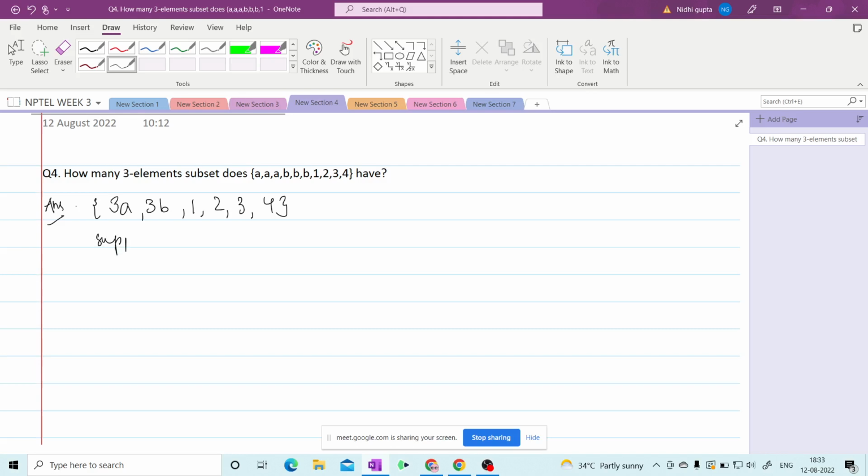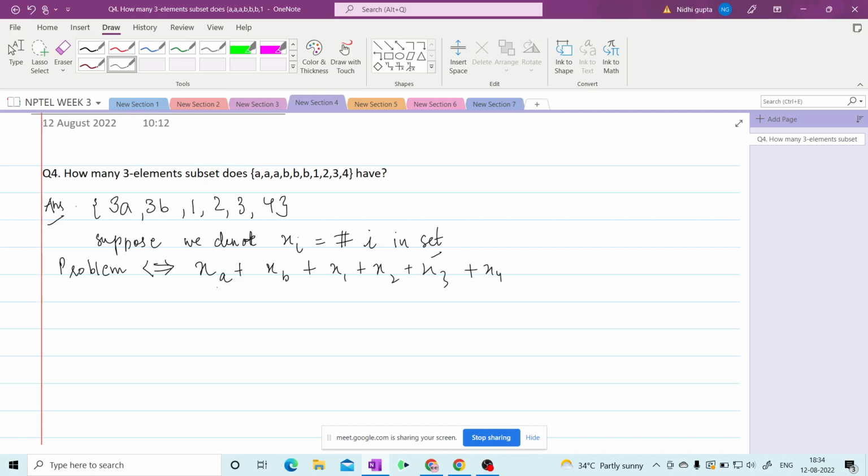Suppose we denote xi by the number of i in the set. So finding a 3-element subset, our problem is equivalent to finding the solution for this equation: xa plus xb plus x1 plus x2 plus x3 plus x4 equal to 3.